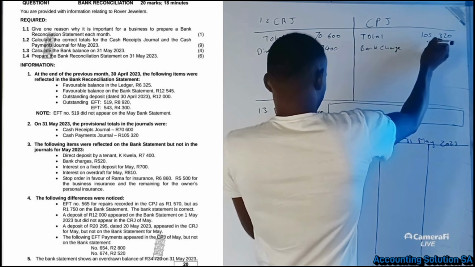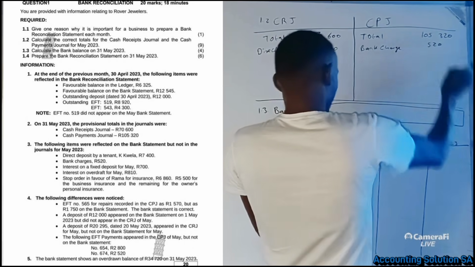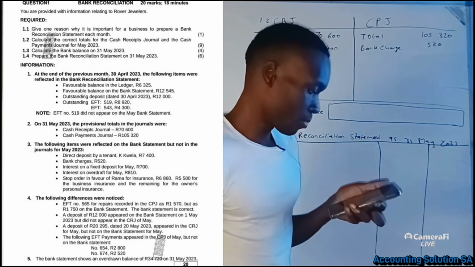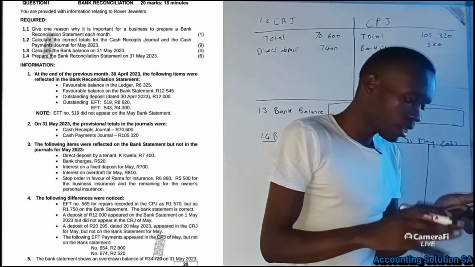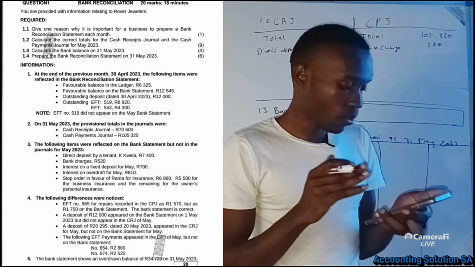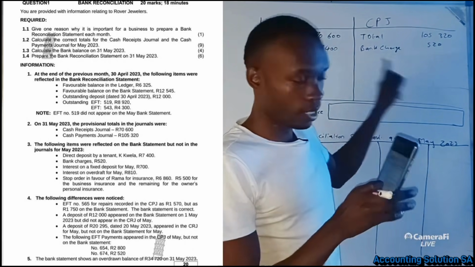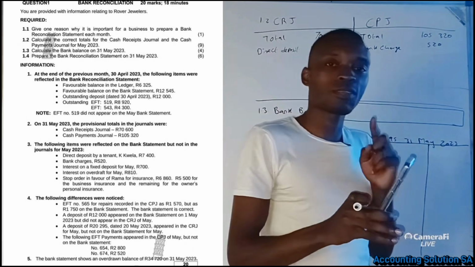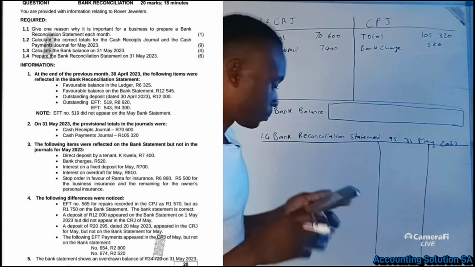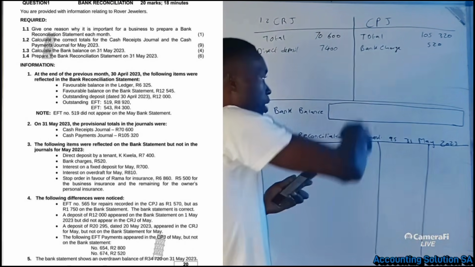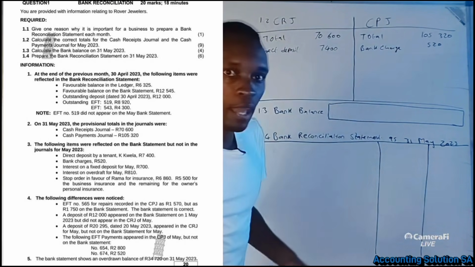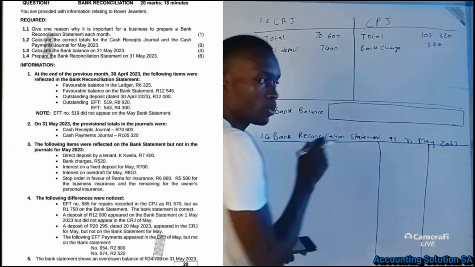Bank charge is 520. Then the following ones, remember we are reading items that are not reflected on the journals, but they are reflected on the bank statement. We have to record them here because they are here, but here they are not. Everything must be here and here as well.